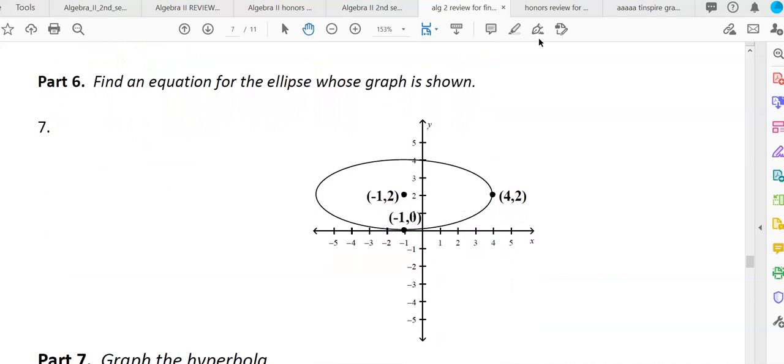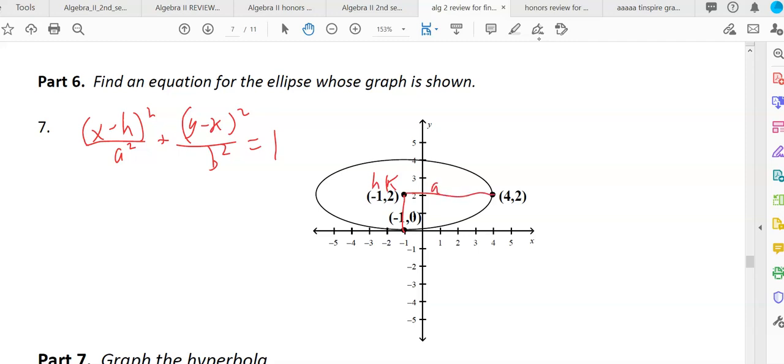So the formula for this one, it's a horizontal ellipse. So the formula would be (x − h)² over a², because it's horizontal, plus (y − k)² over b² equals 1. And h and k are those two values. It looks like the a value here is, let's see, from −1 to 4, so that's 5.